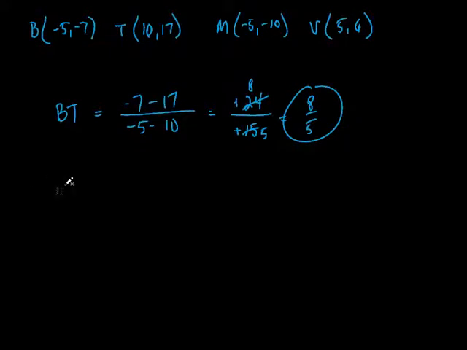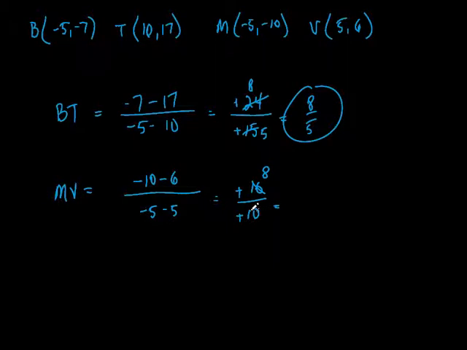Let's find the slope of MV now. Same thing: negative 10 minus 6, over negative 5 minus 5. We get negative 16 over negative 10. That's positive. 2 goes into that 8 times and 2 goes into that 5 times, so we get 8 over 5.